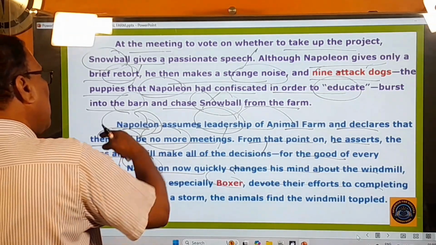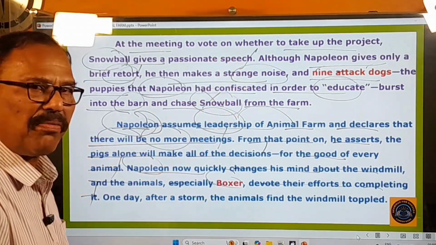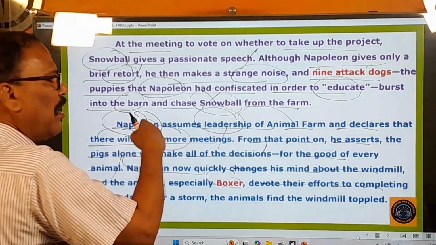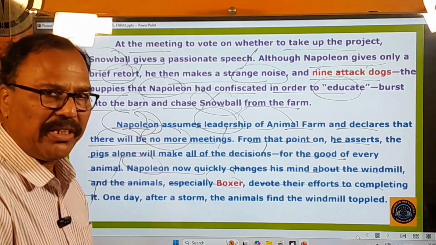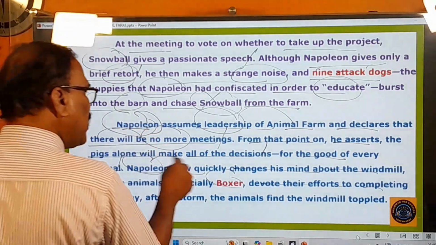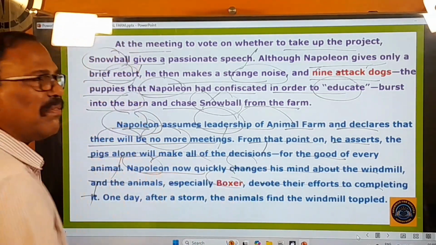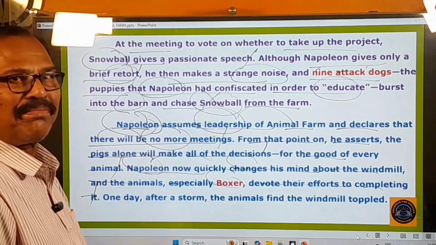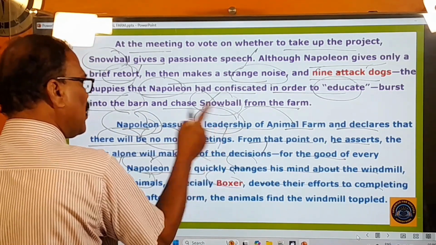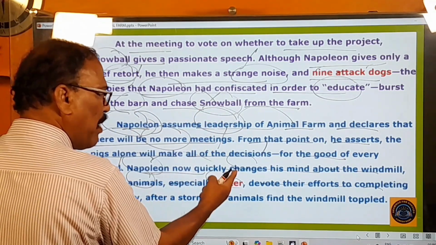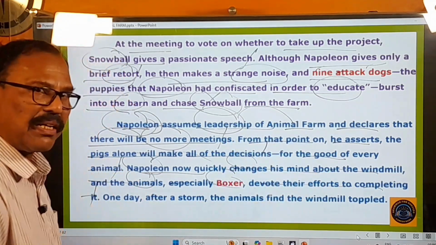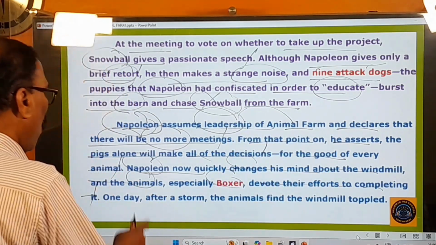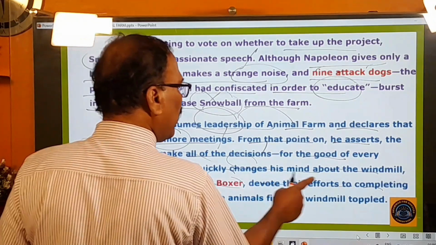After Snowball left the animal farm and Napoleon became the leader, he changes his mind and orders the construction of the windmill. Earlier he said no to this windmill, but now he has ordered its construction. All the animals, especially Boxer, devote their efforts.